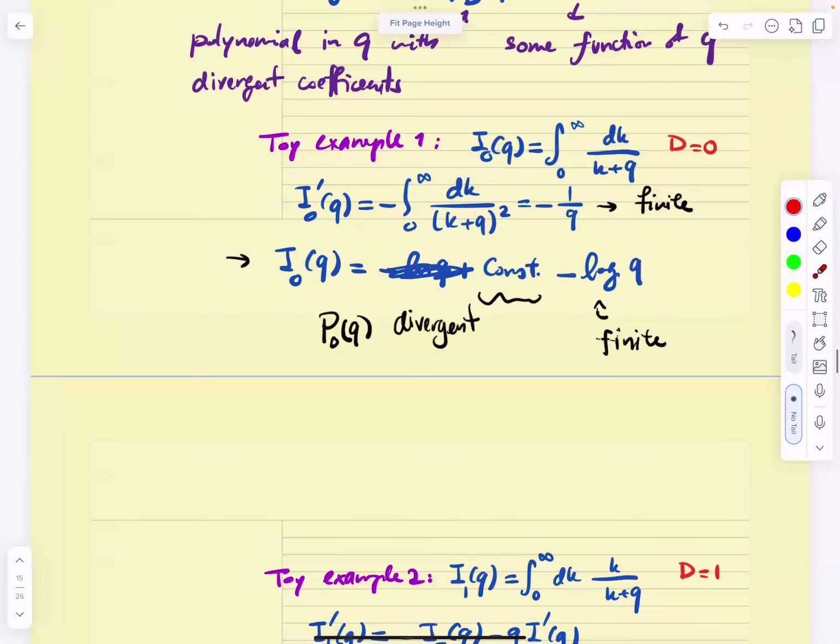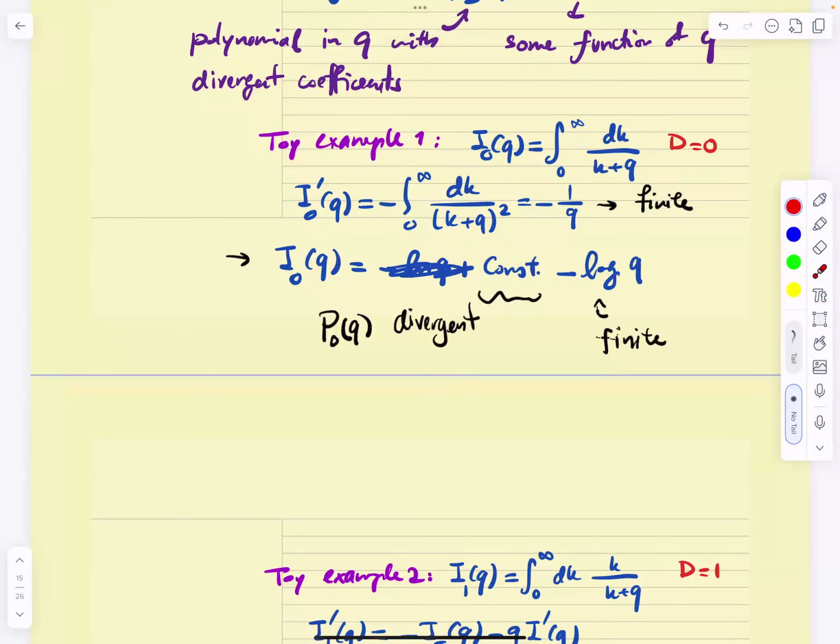So let's do a toy example. Consider this integral. These are not necessarily coming from any particular Feynman diagrams, but I just want to tell you the structure mathematically of what we're doing in simple examples to get used to it. Consider an integral which I'm going to call I naught of q. It's the integral from 0 to infinity of dk over k plus q.